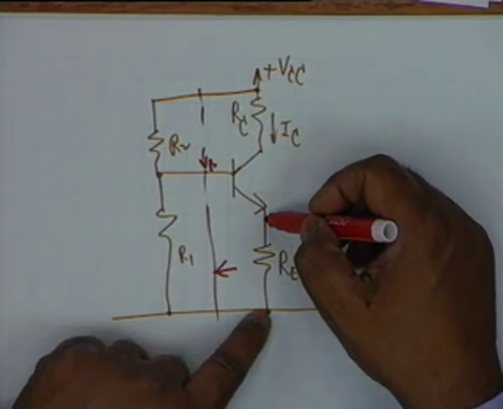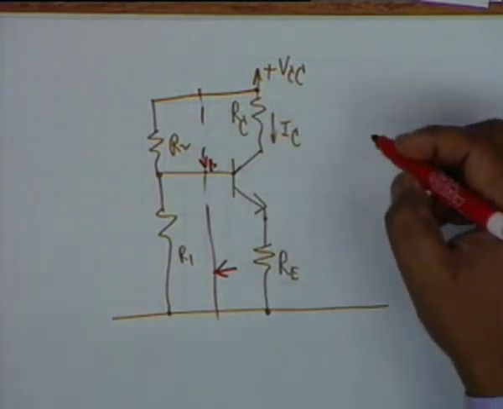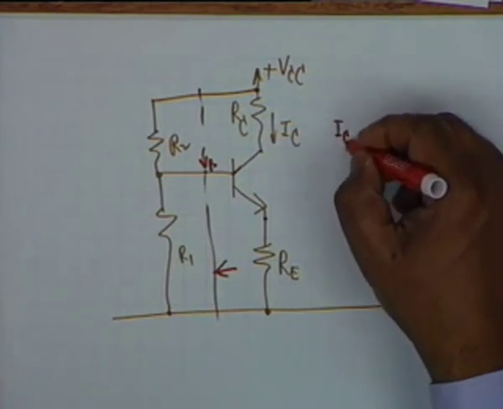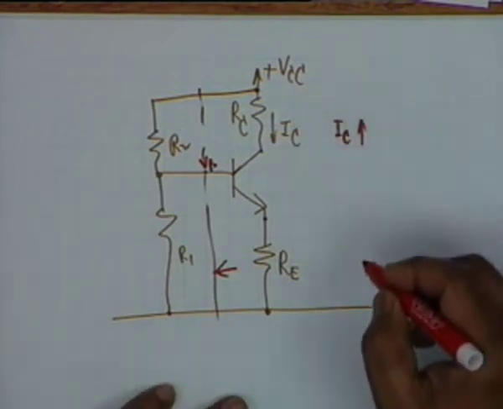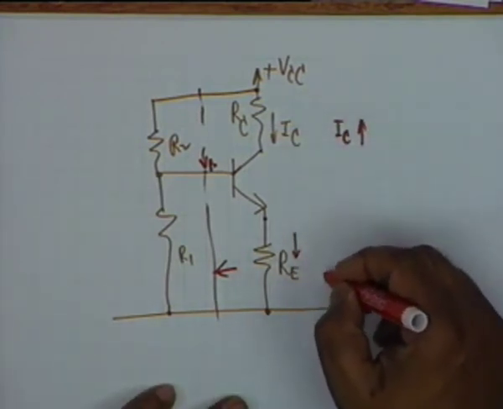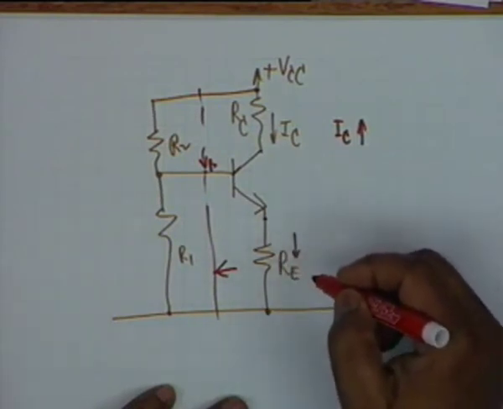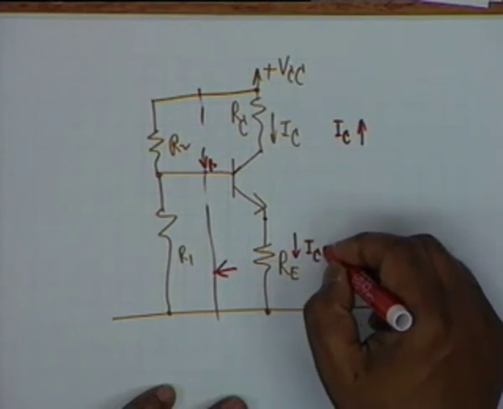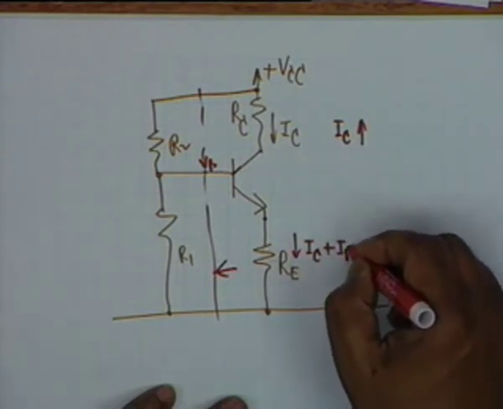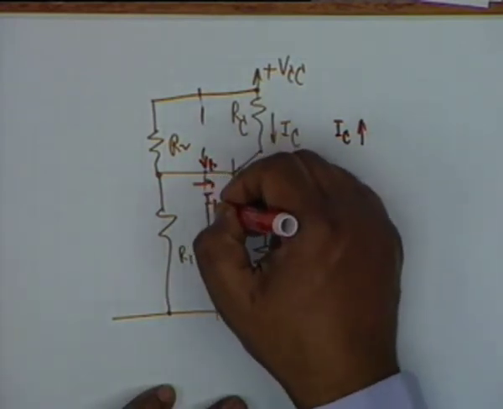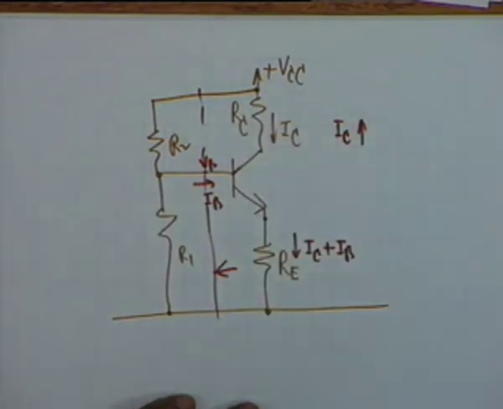Now let's see what happens. Suppose I sub C due to some reason increases. What is the current through RE? IC plus IB. This is the current IB. Now see what happens qualitatively. We shall analyze this quantitatively later.